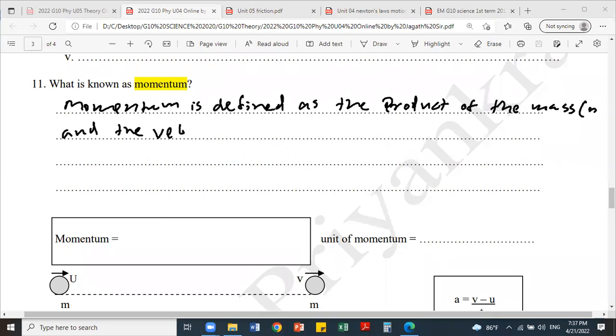You can write m for mass and v for velocity, of an object or a body.